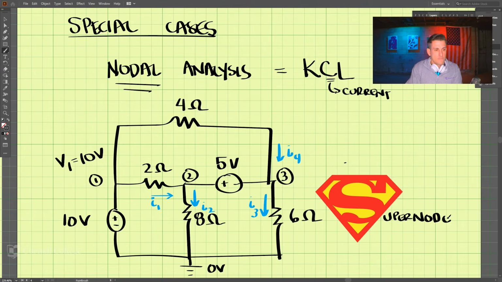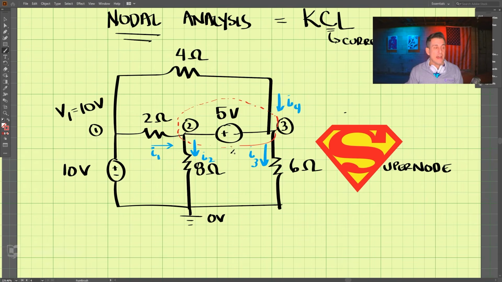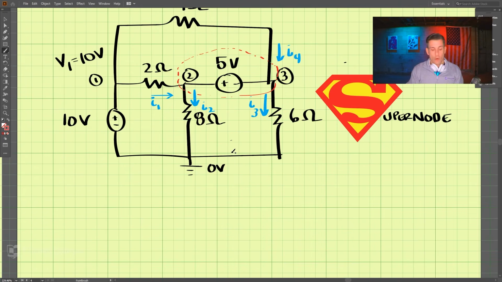Supernode. What we'll do is combine these two nodes together, and by doing that, we can then use KCL. So we put 2 and 3 together.